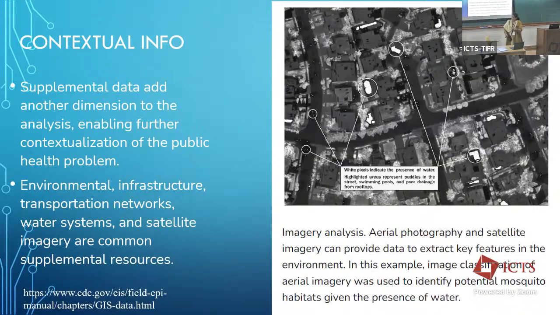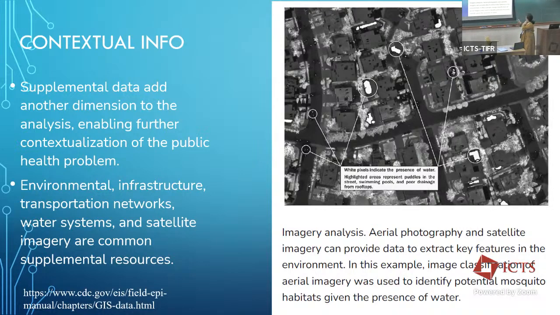Okay, so that's just looking at spatial patterns with the disease data itself. Now there's a whole bunch of other information that you can bring in, which we call contextual information. This is supplemental data that adds another dimension to the analysis, enabling further contextualization of the public health problem. For instance, here you have a very high resolution satellite image of a neighborhood in South America.